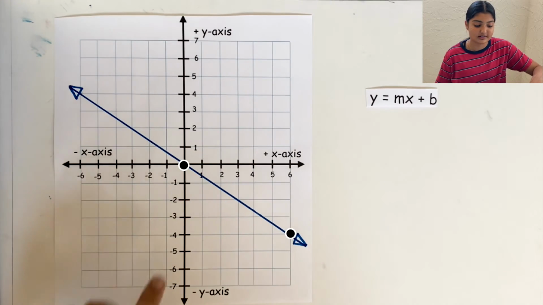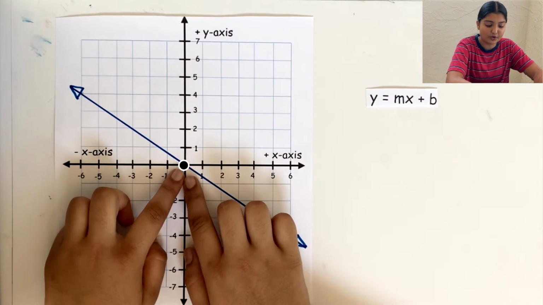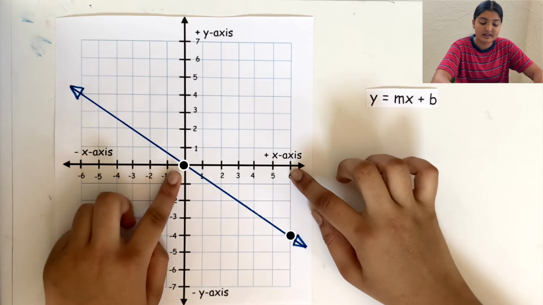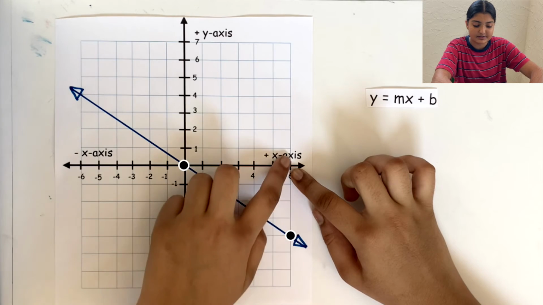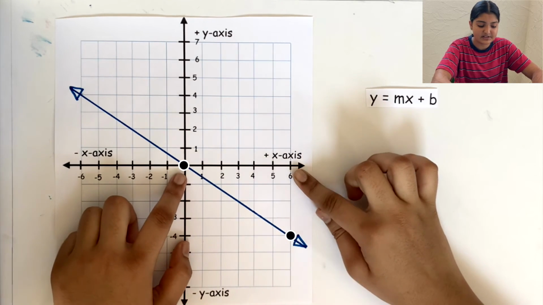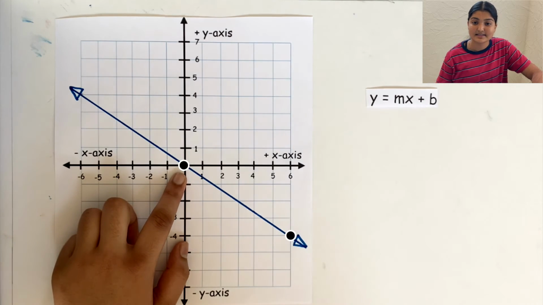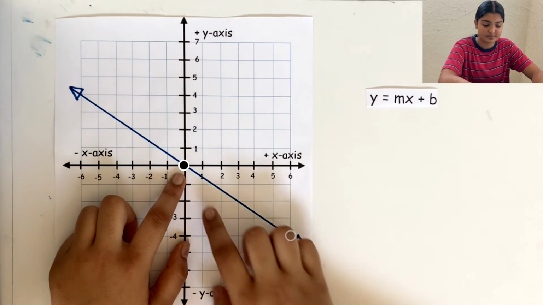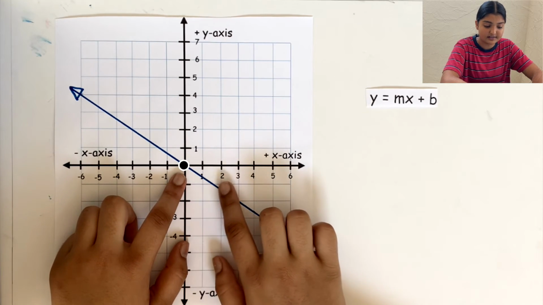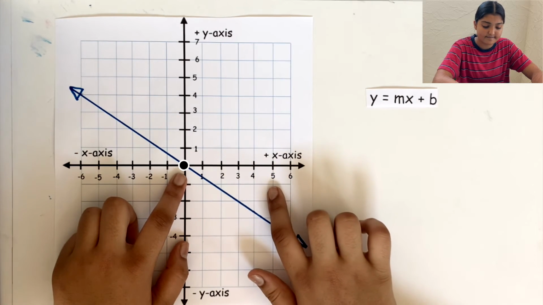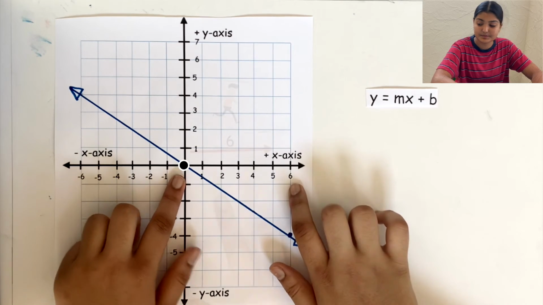How far do we travel horizontally and vertically to get from this point to this point? Let's count. 1, 2, 3, 4, 5, 6.